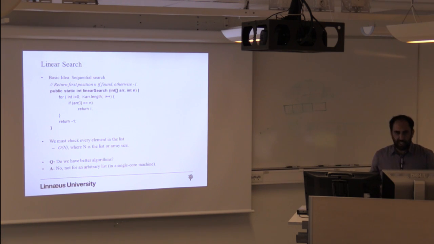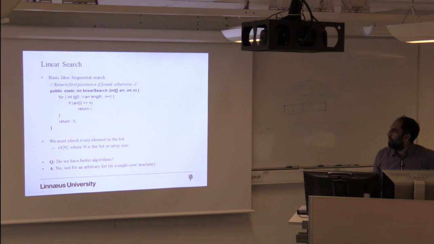This kind of searching approach is known as linear search, because we are going in a linear way, starting from index 0 until the end of the list. The basic idea is that you compare, and return the first position if found.